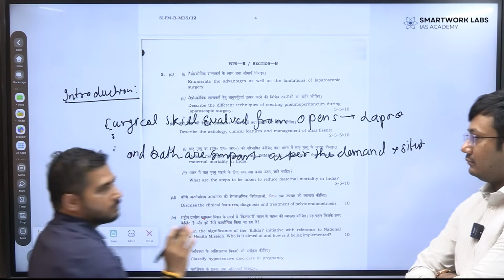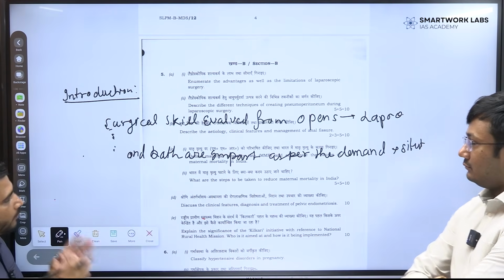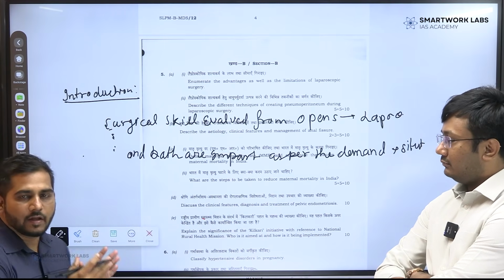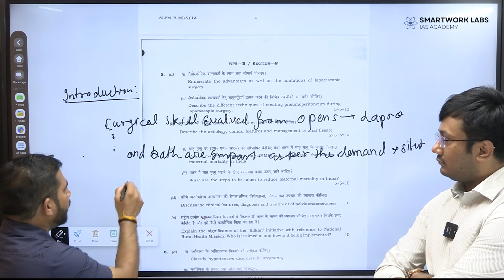So this introduction will complete the point that open surgery is also important and laparoscopic surgery is also important.